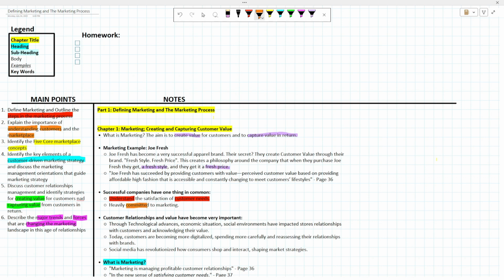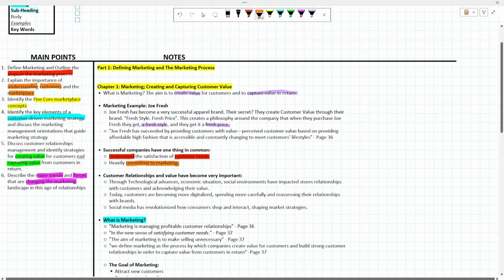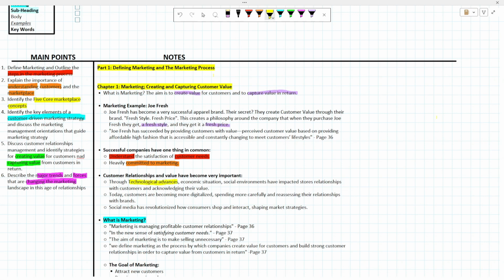So committed to marketing. So customer relationships and value have become very important through technological advances, economic situations, and social environments. These have impacted store relationships with customers and acknowledging their value. Today, let me highlight that for you guys.